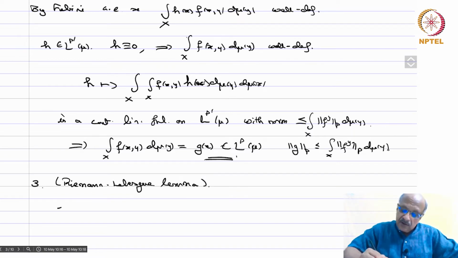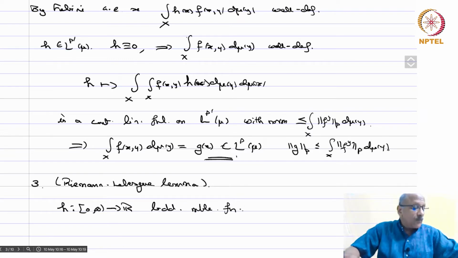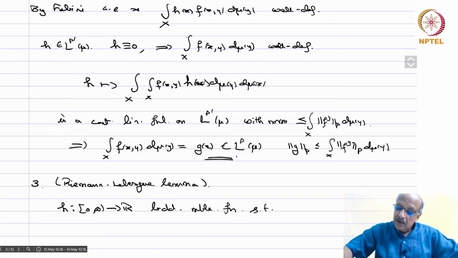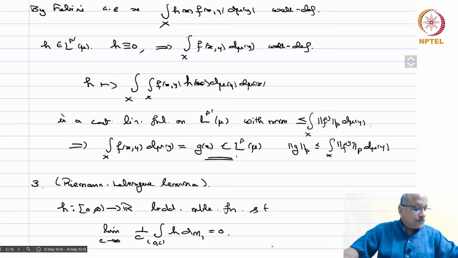Okay, so h from 0 to infinity to R, a bounded measurable function, such that 1 by c integral 0 to c of h dm1, limit as c tends to infinity, equal to 0.